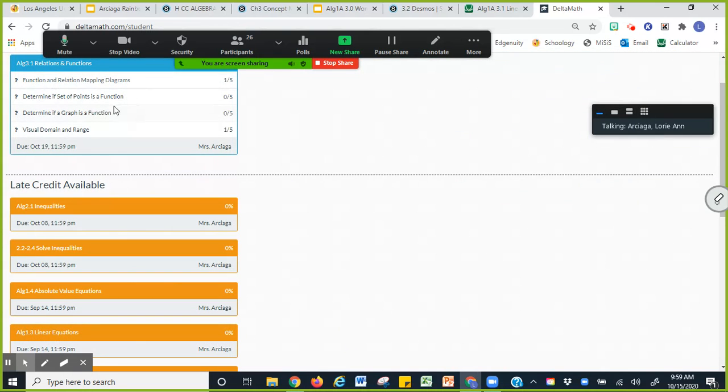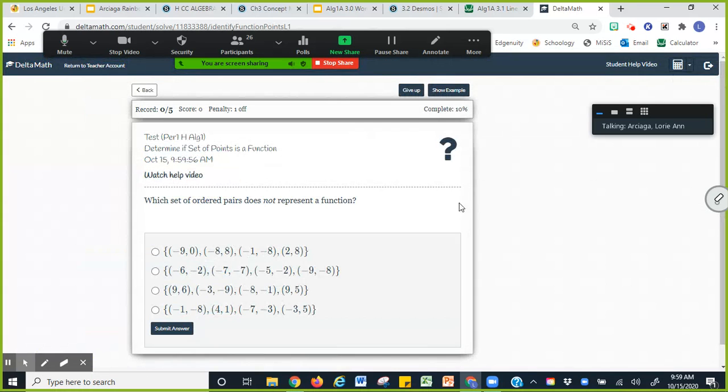Let me see what else. Determine. Hang on, honey. Mommy's teaching. Okay, determine which set of ordered pairs does not represent a function. In other words, you have to find the set that has a repeating x input, because that one will not represent a function.